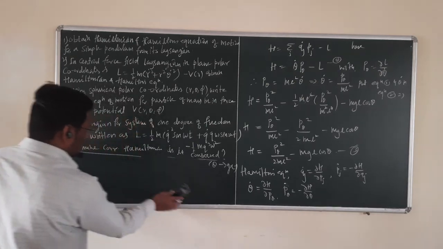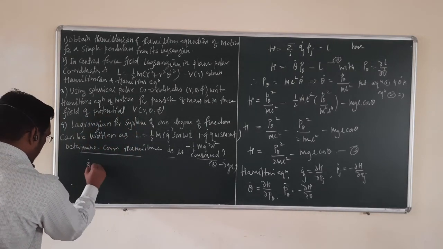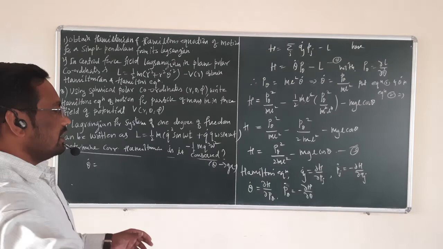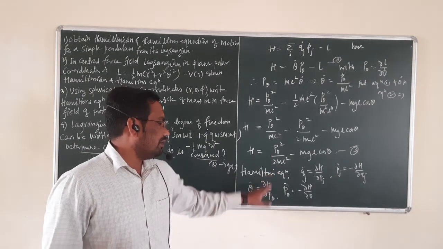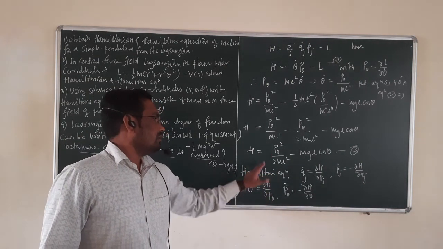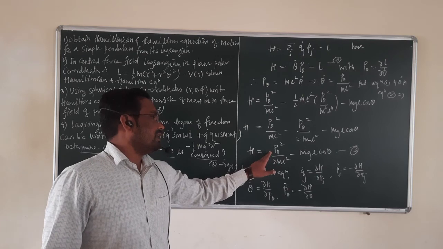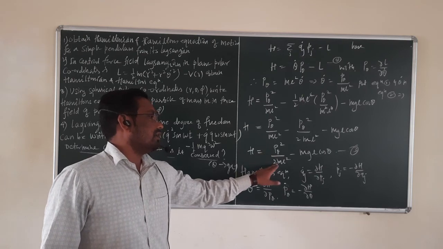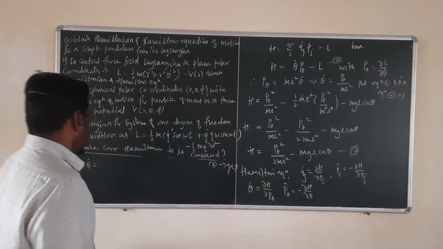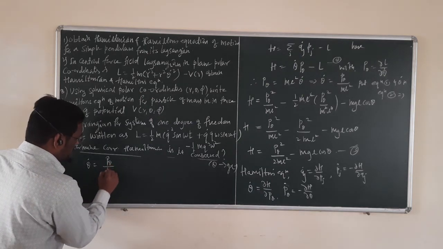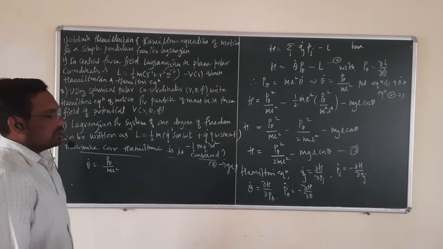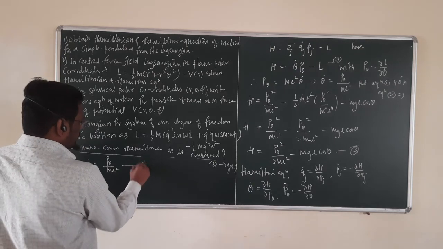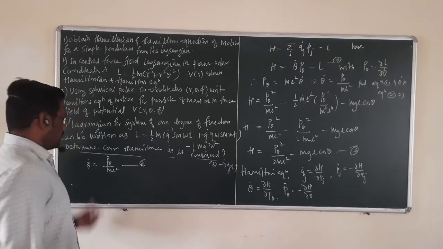First of all, θ̇. θ̇ is equal to the partial derivative of the Hamiltonian with respect to pθ. The derivative of this with respect to pθ becomes 2 pθ divided by 2 m l², which is nothing but pθ divided by m l². Okay, so this is the first Hamilton's equation for theta.